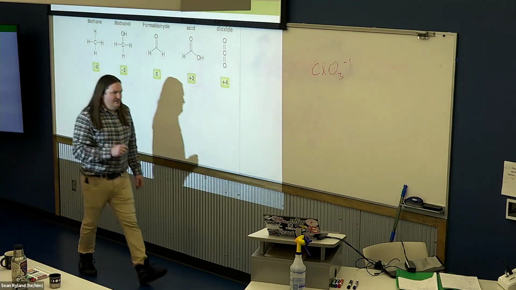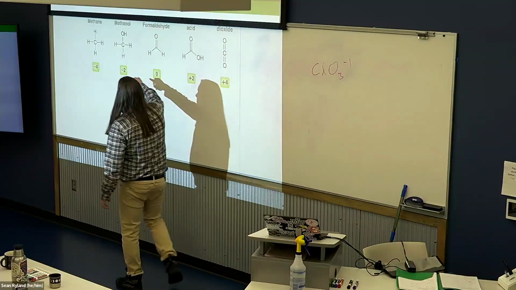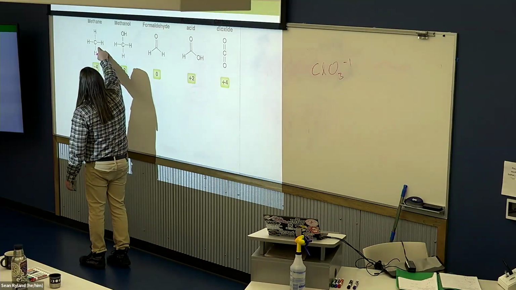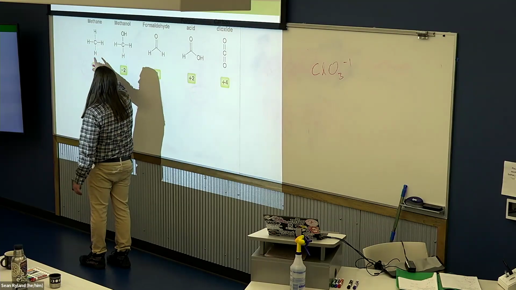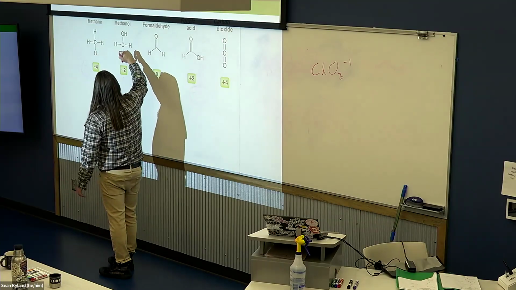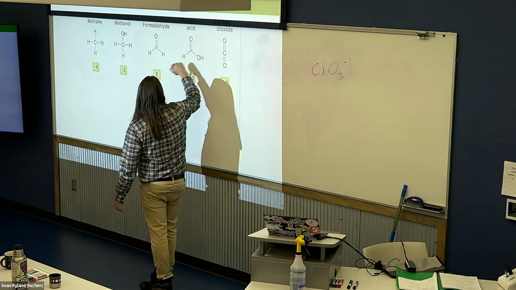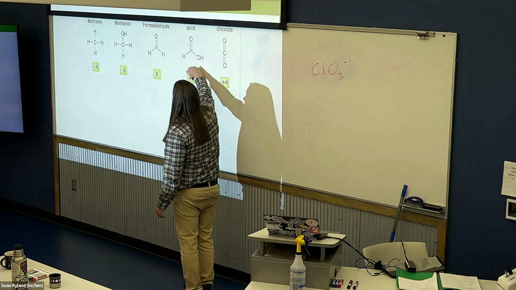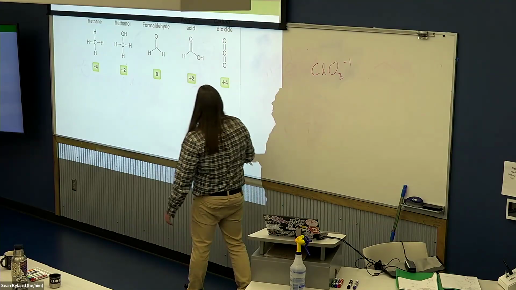If we have a system, so this is all for a single carbon system. A carbon surrounded completely by hydrogens gets a -4 oxidation state. Methanol is -2. Formaldehyde is 0. Formic acid is +2. And then fully oxidized carbon is CO2.